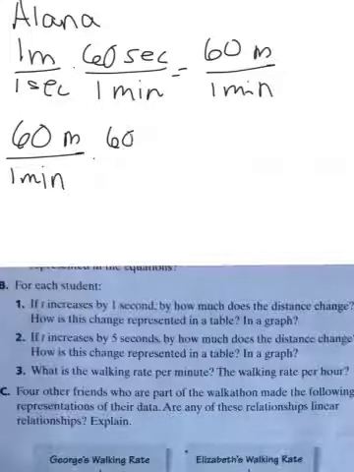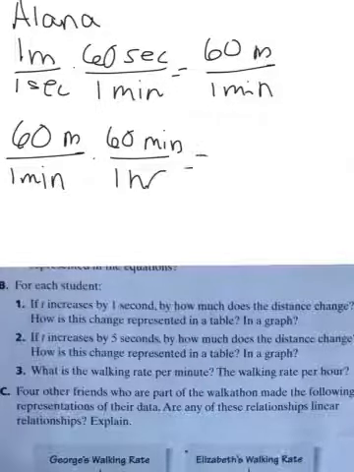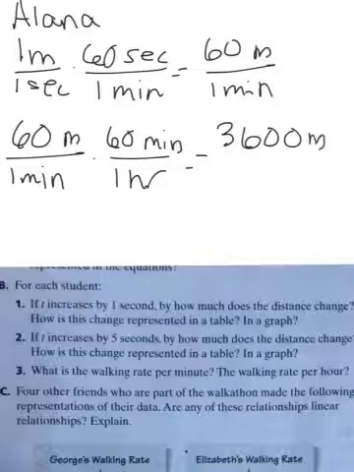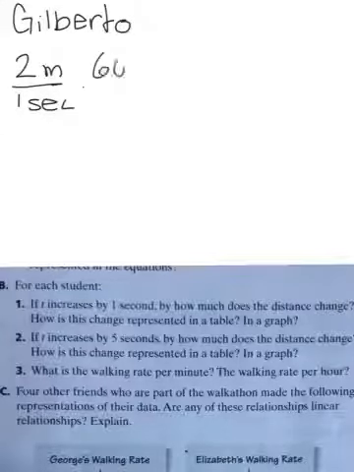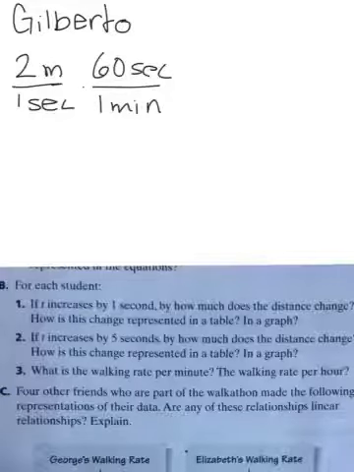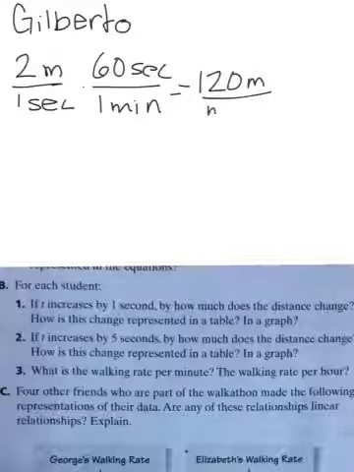Multiply that by 60 minutes in 1 hour, and that comes out to be 3,600 meters per hour. Gilberto can walk 2 meters in 1 second. To find out his walking rate per minute, we simply again multiply by 60 seconds in 1 minute, and that comes out to be 120 meters per minute.